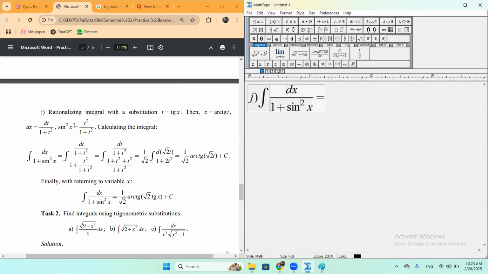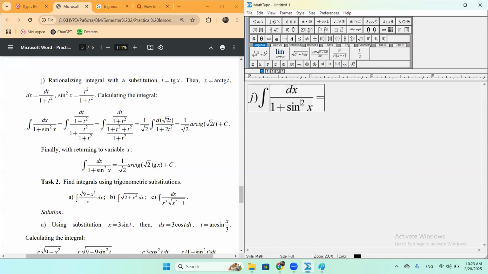So sine square of x is transformed to this expression: t squared over 1 plus t square. Then we again transform it to a simple table integral, and that's what we receive: 1 over square root of 2 arctangent of t over square root of 2, plus c. Any questions about this exercise?